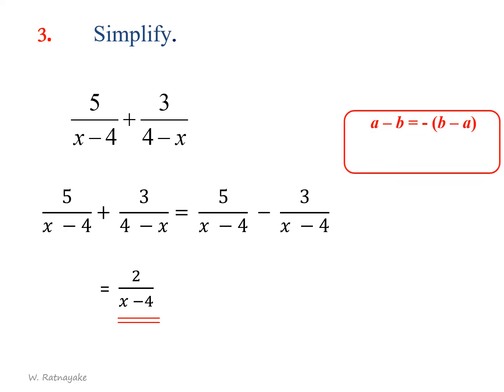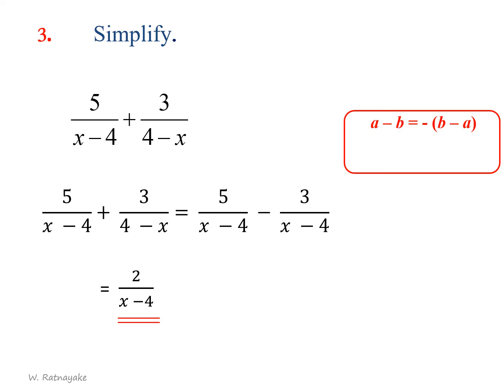We read it as minus (b minus a), but we have to interpret it as minus 1 into (b minus a). When you multiply this minus 1 by b minus a, again we get this value. Now see, minus 1 into b is minus b, minus 1 into minus a is plus a.